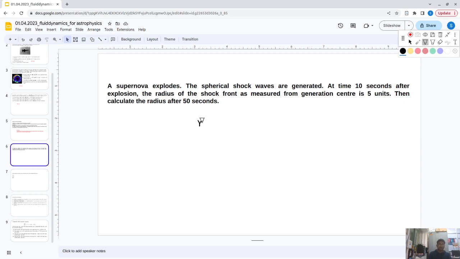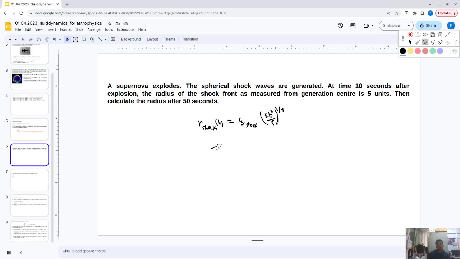There is a formula like this: R shock at time t, that means radius of shock at time t, will be equal to some dimensionless variable epsilon, which depends upon the shock, and then E t squared by rho 1, all to the power 1 by 5, right?